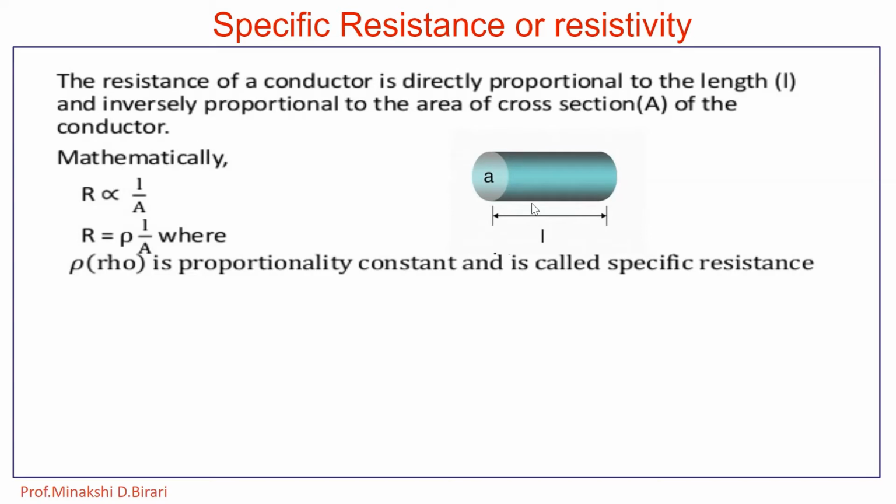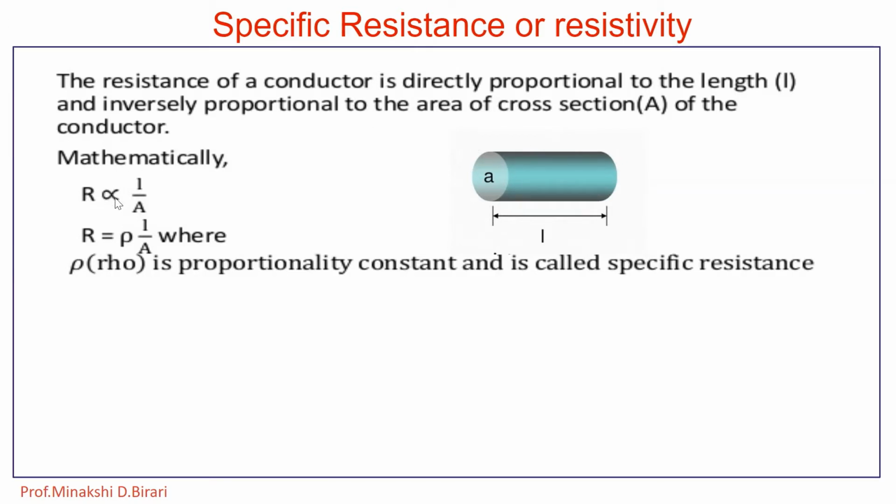The resistance R of any conductor having a uniform cross-sectional area is found to be directly proportional to the length. That means R is directly proportional to the length of its conductor, and resistance is inversely proportional to the area of cross section A of the conductor.